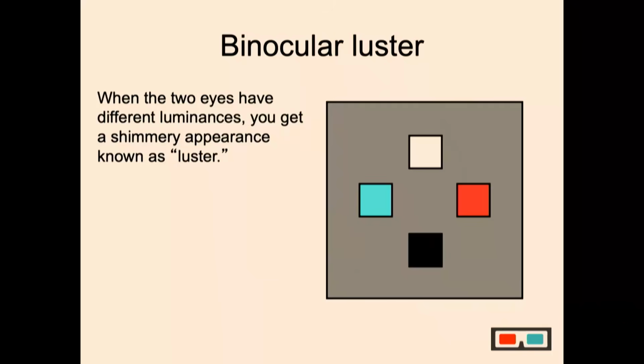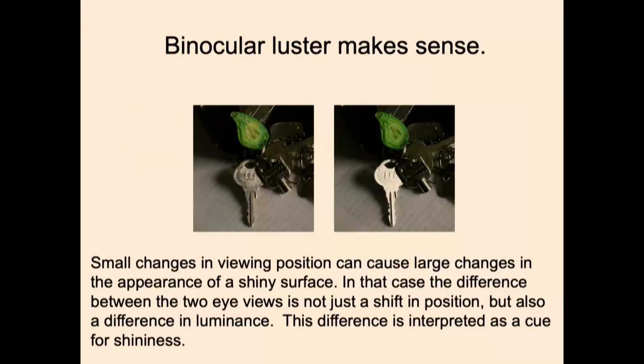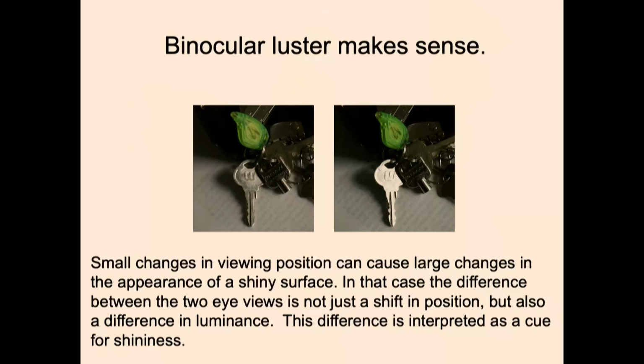Yeah. Okay. So here's the idea. These are two different photographs taken from two different positions. One camera is at the position of the left eye, one camera is at the position of the right eye, of some keys, right? Keys are metal, metal's shiny, and generates specular reflections, right? So it's not Lambertian.